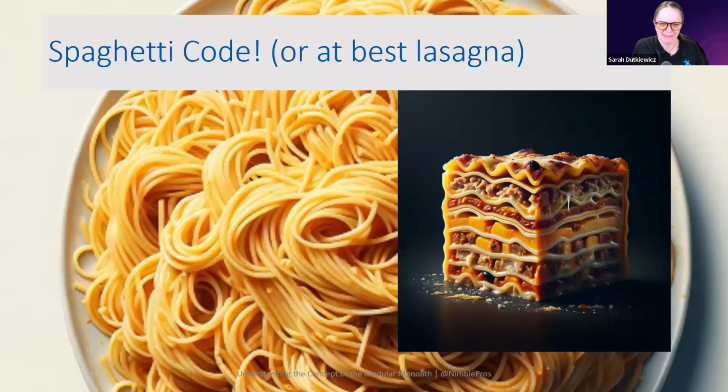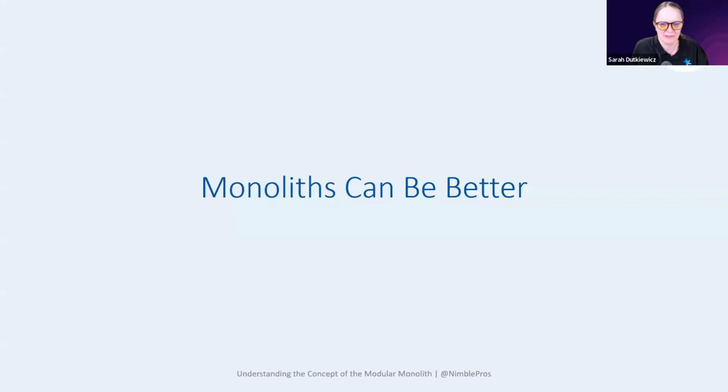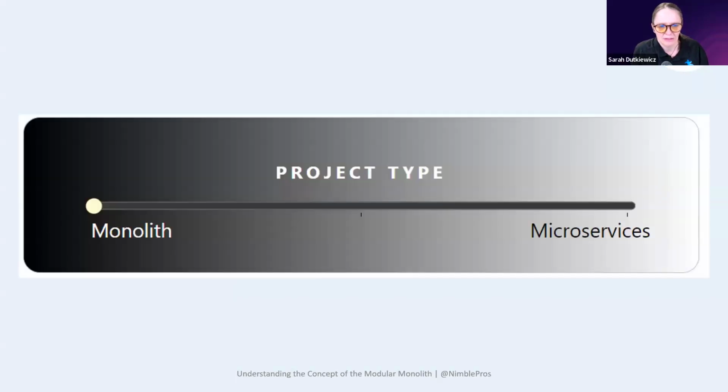But it still has its moments. Now I have to give the monoliths credit. Remember, monoliths are an architectural style and they can be done well. They don't have to be legacy disasters. They don't have to be tasty spaghetti code. Not so tasty. So let's see what we can do.